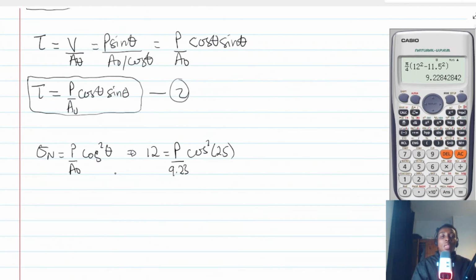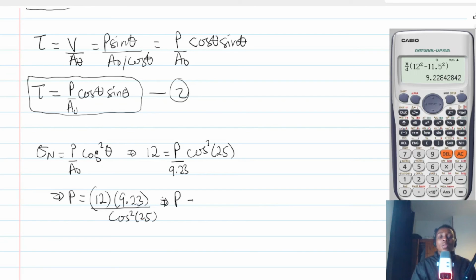So from here, we can say that P will be 12 multiplied by 9.23, sorry. Then I divide the whole of this by cosine squared 25.